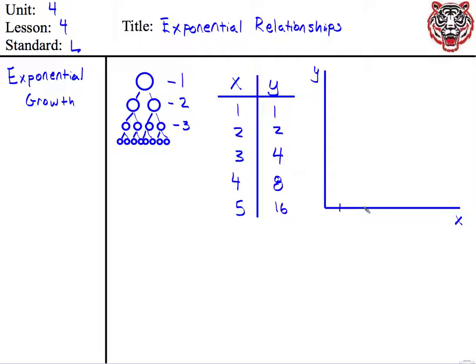So we'll say that's 1, 2, 3, 4, and 5. 1, 2, 3, 4, and 5. Okay, so we'll say, sure, that looks like a good one. Actually, let's scale this by a good number to scale by. It eventually gets up to 16. Let's scale by 3s. 3, 6.